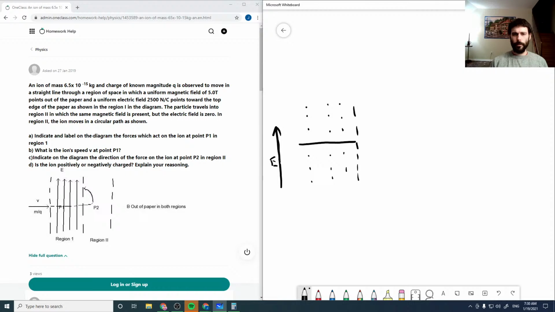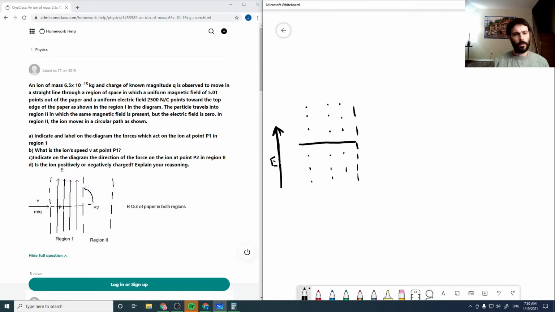So we've got an E field which points upwards. So that's going to deflect a charge either upward or downward depending on the sign. And we've got a B field that comes out of the page, which again is going to deflect the charge in one direction or the other. So this would tell us our magnitude, but not necessarily our sign.